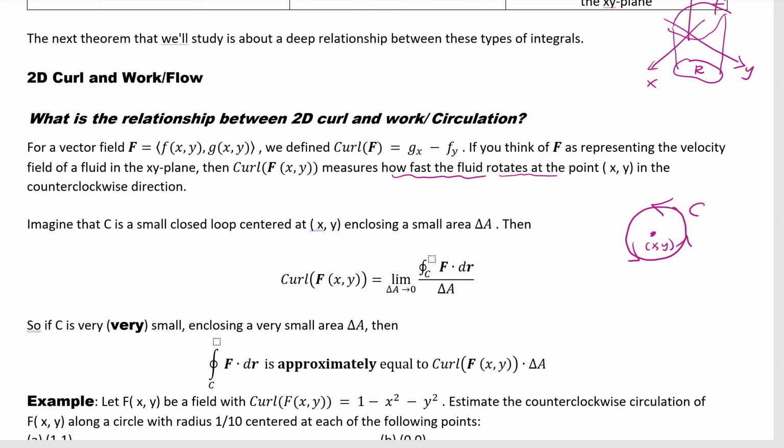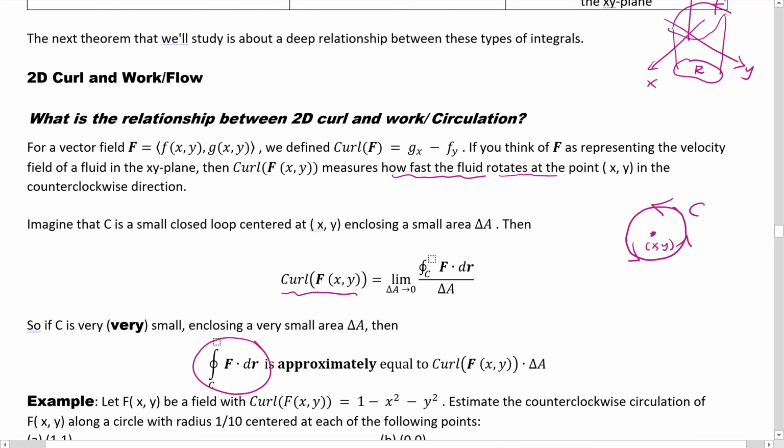It's like you want to measure how much vector field is going along C. So the curl equals the circulation line integral over the small area change of A. If C is a very small loop enclosing a very small area change of A, then this work or circulation is approximately equal to curl times change of A.